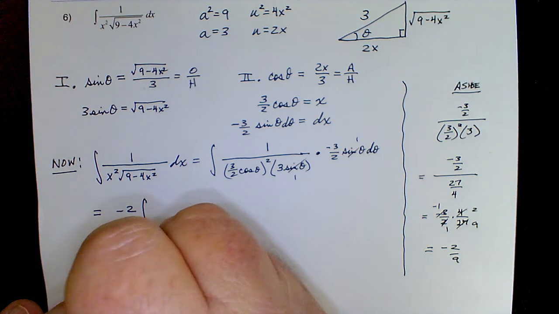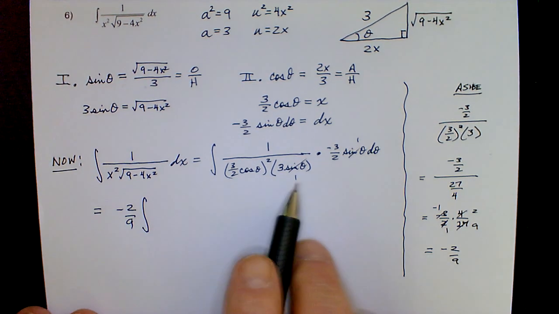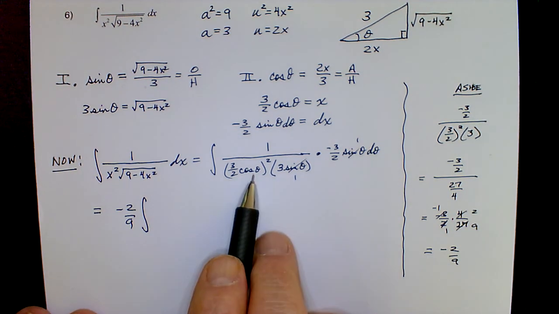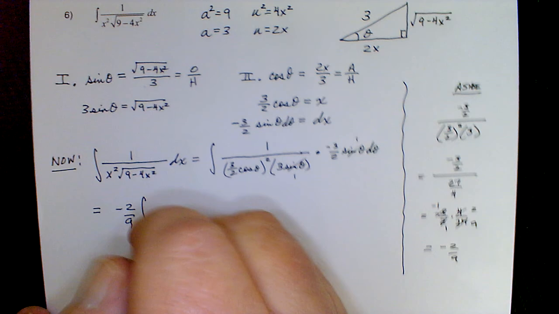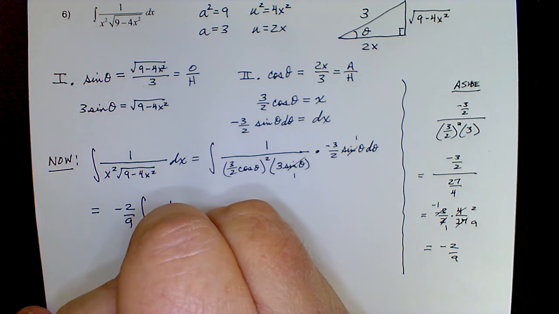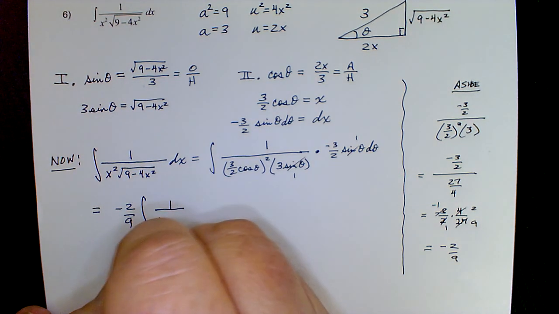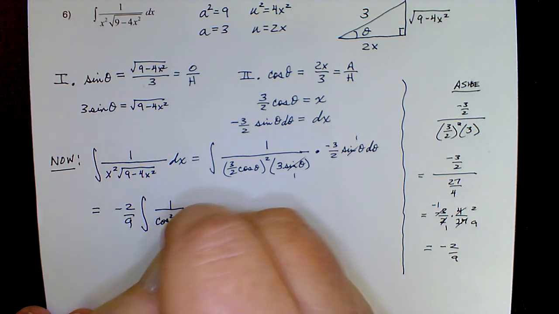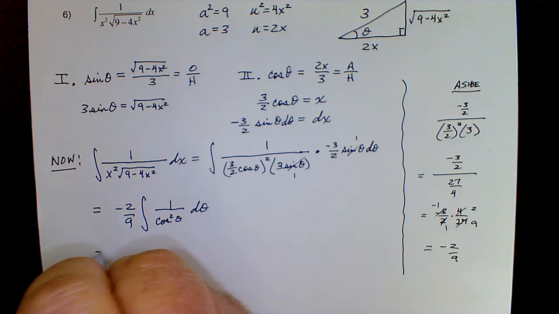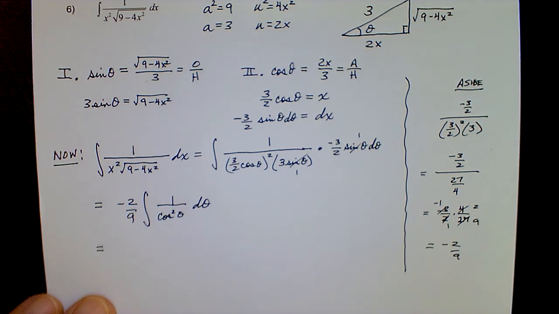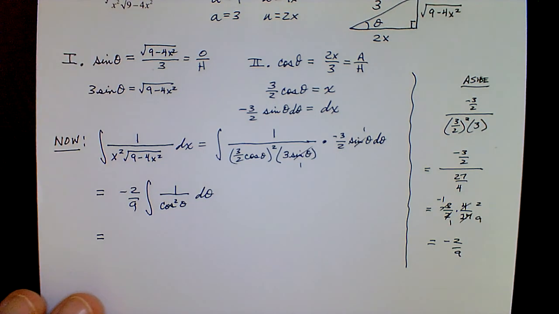And then the integral of, here's the substance. What do we have left? Well, it looks like just this cosine in the denominator that's squared. And 1 over cosine squared theta. Okay, again, you might need identities. Sometimes just the basic reciprocal identities.